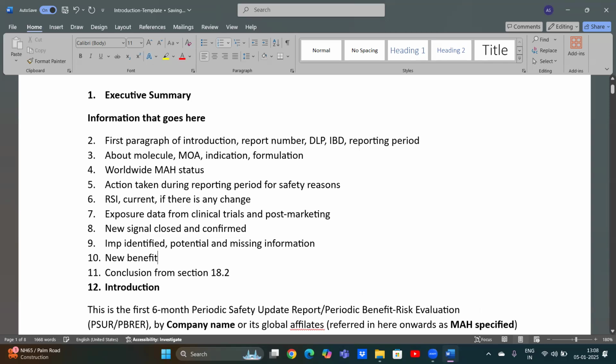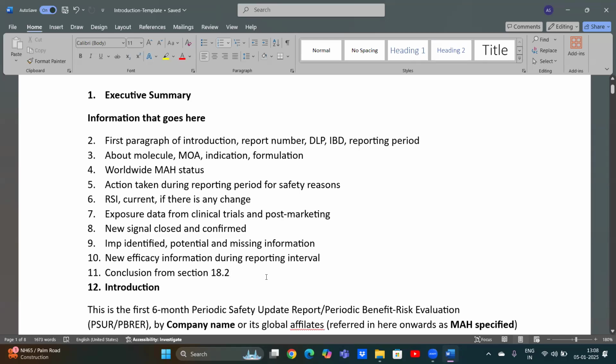New benefit information or efficacy information during the reporting interval, you can present here. And then the conclusion. The conclusion will be a combination of 18.2 and the final conclusion in section 19 that you are presenting. So you will present in the same manner.